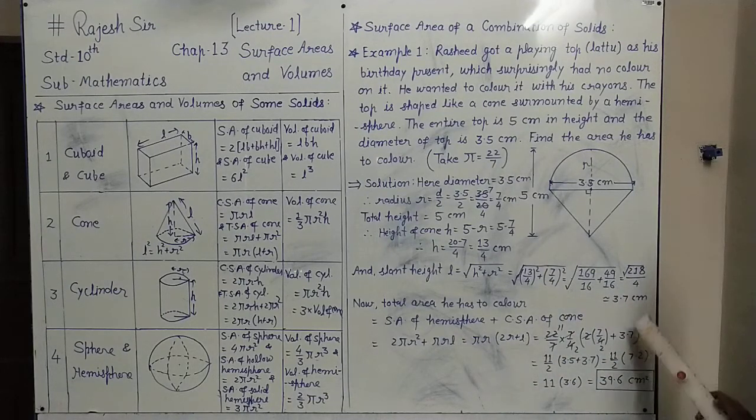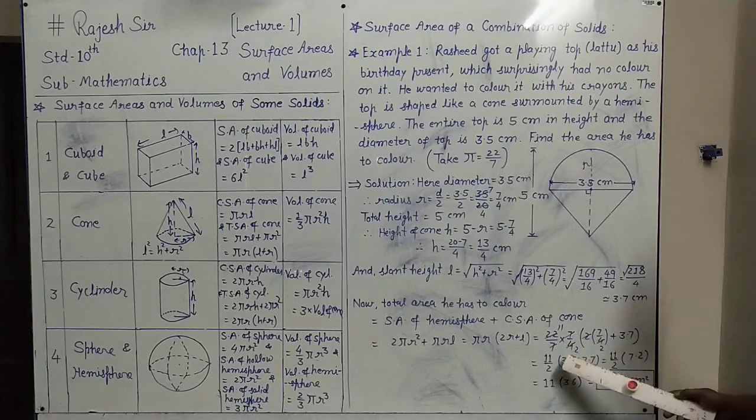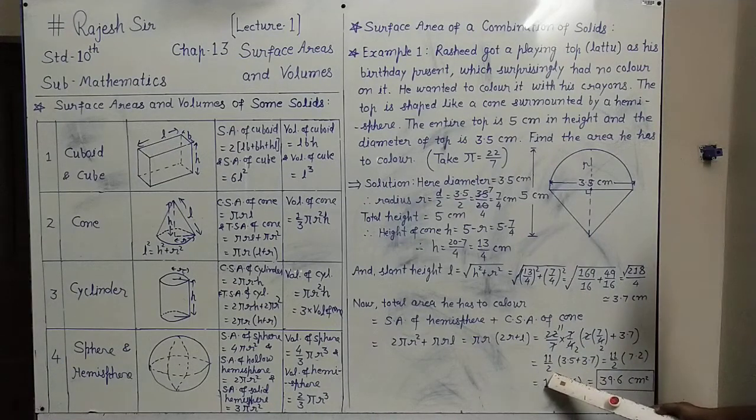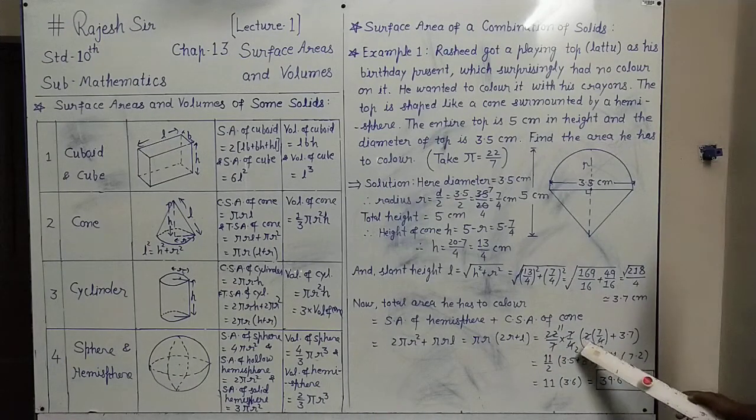Here L is 3.7, which we have found. On cancelling 7 with 7, 22 upon 4 gives 11 upon 2 on the outer side, and in the bracket 2 and 4 cancel, so 7 by 2, which in decimal form is 3.5, plus 3.7.